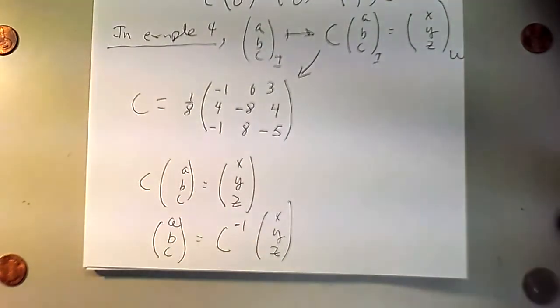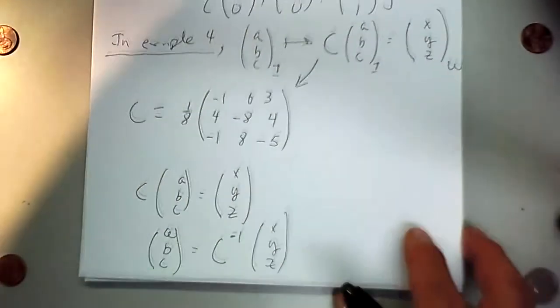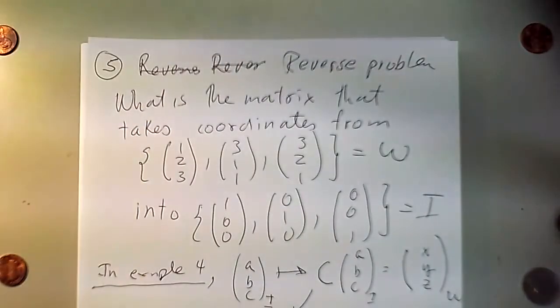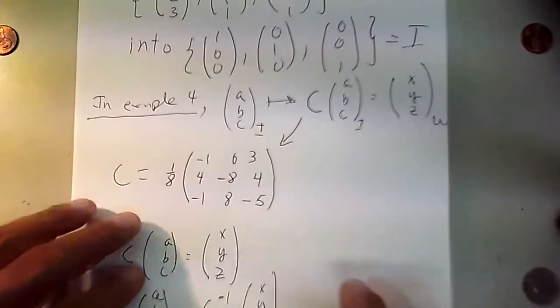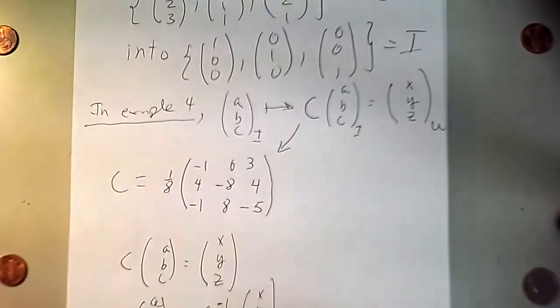So let's find the inverse of C. At this point, I suggest you pause the video for a moment so that you can find the inverse on your own, perhaps using the Gauss-Jordan elimination method, or if you want to use cofactors.